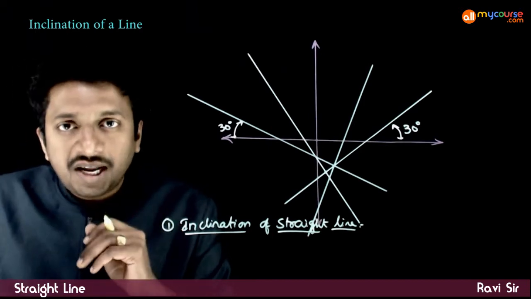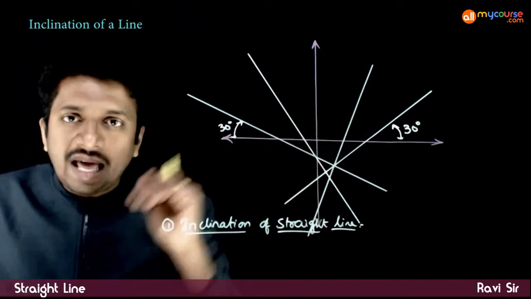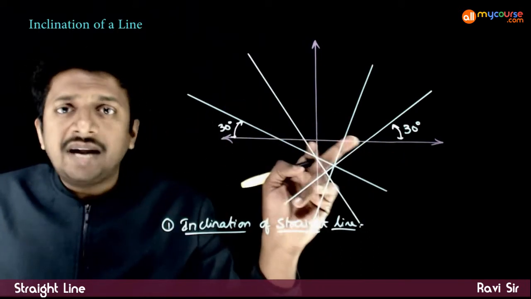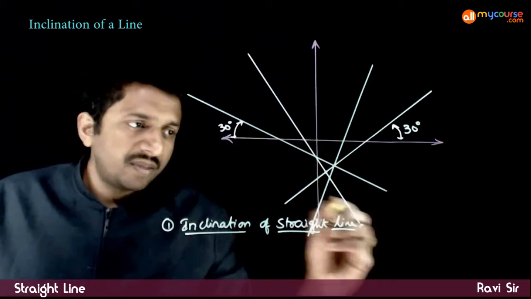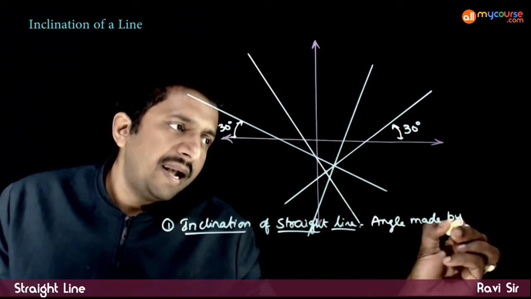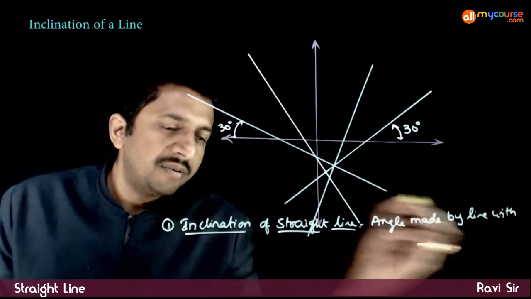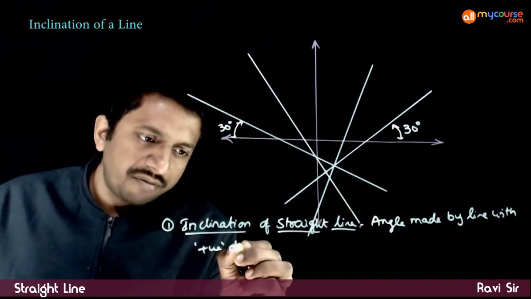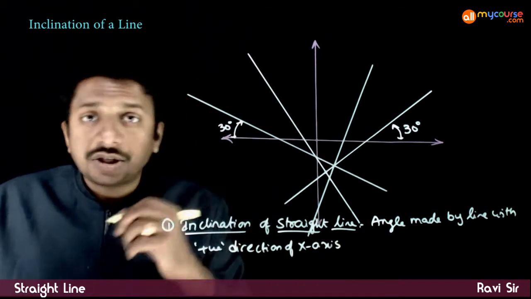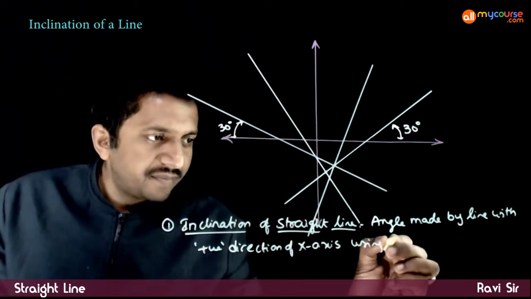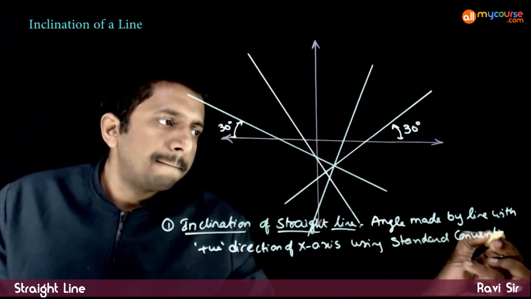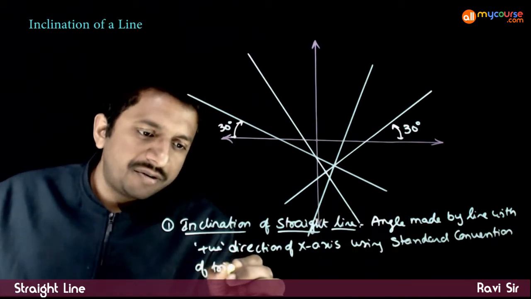The inclination of a straight line is the angle made by the line with the positive direction of x-axis following the standard convention of trigonometry.